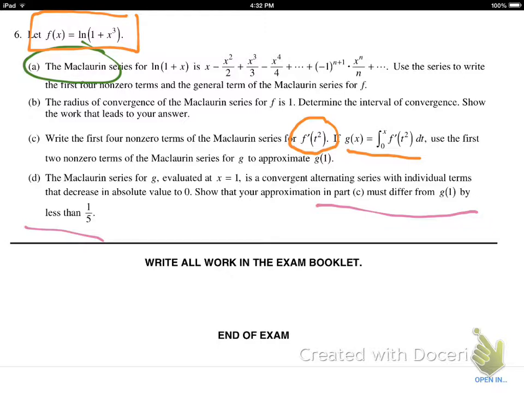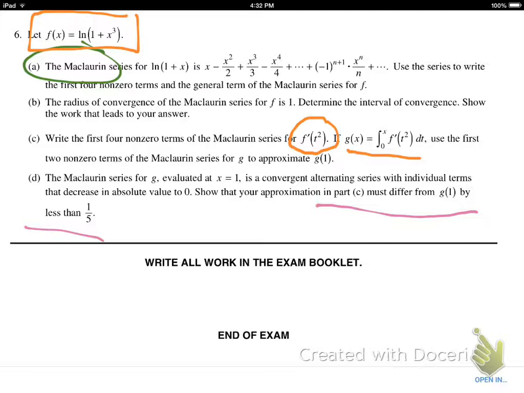So if you're thinking clearly about this, the difference between g of 1 and our approximation has to be the error of the series that we're just talking about. So this is asking us to show that the error in our approximation is less than 1/5.